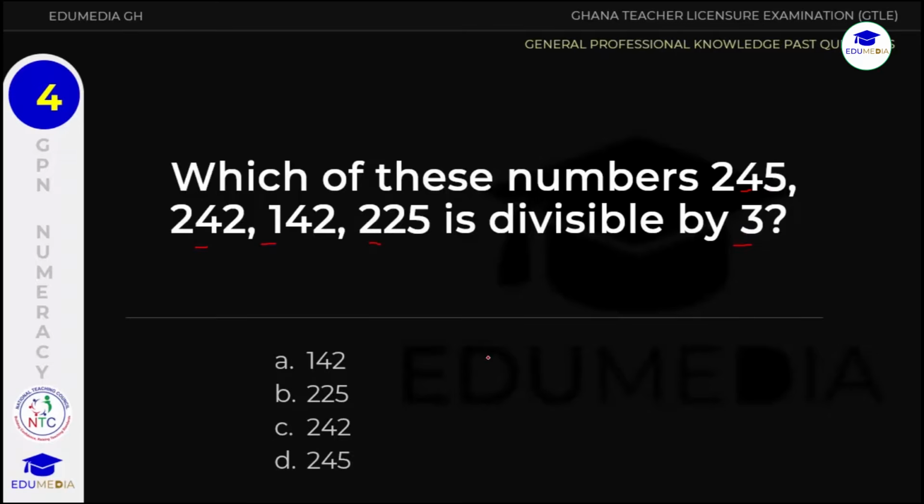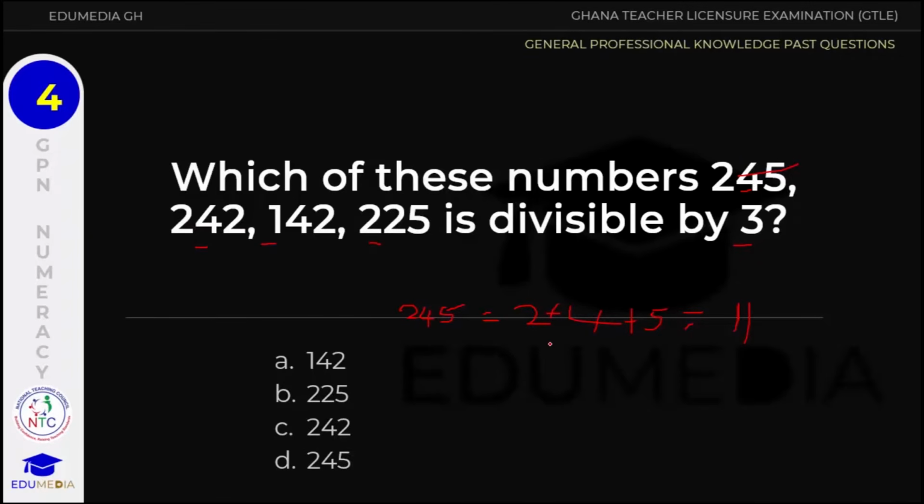So what I mean is that you take 245: 2, 4, 5. And then you do it as 2 plus 4 plus 5. The answer here is 11. 11 is not divisible by 3, so this is out.